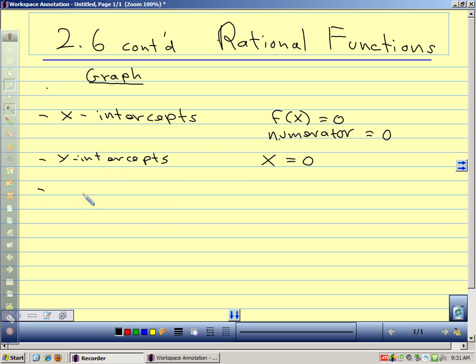We want to find our vertical asymptotes. And our vertical asymptotes are where the denominator is 0.